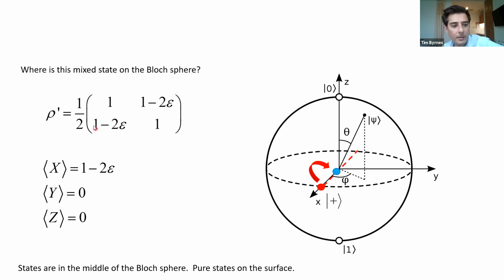Just remember that for the pure states, the Bloch sphere was defined by taking the expectation values of x, y, and z, and then plotting them in this three-dimensional space, kind of pretending that x, y, z are some kind of spatial coordinates.